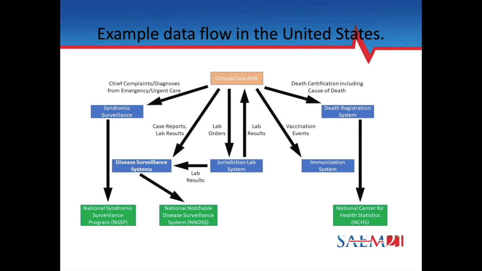That's how we can detect those. There is a separate database, and genetic epidemiologists deal with this to look at the variants, because we want to know if our vaccines are working or not, right? And then that goes to the jurisdiction lab system.